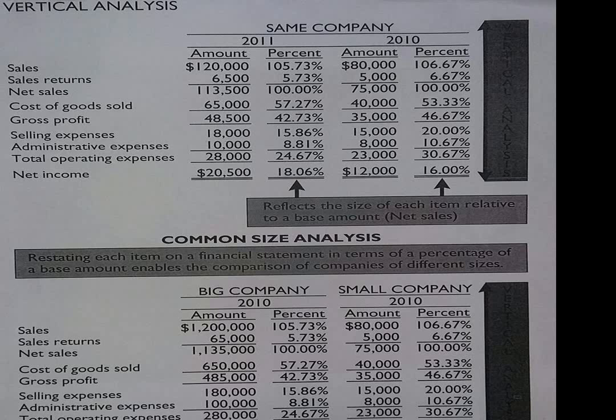The total of operating expenses, I mean the selling expense and the administrative expense, equals 42.76%. The net income is 18.06%.